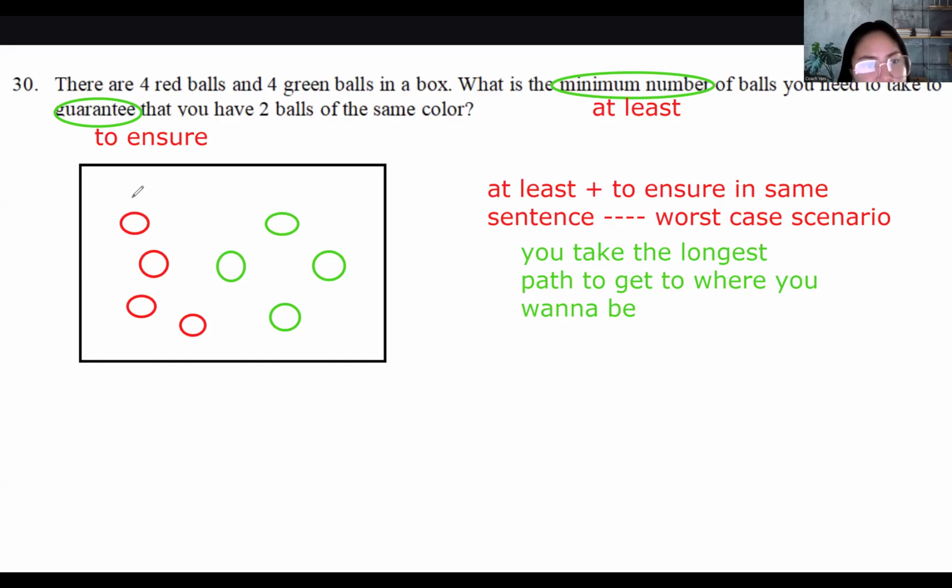Do you have 2 balls with the same color? No, right? If you get this second one, you would have balls of the same color now. And that only took you 2 tries. So this is not the answer because this is not the longest path. Okay? So what would you do? If you take one red, the next one that you will take, you have to assume the worst, which is going to be green.